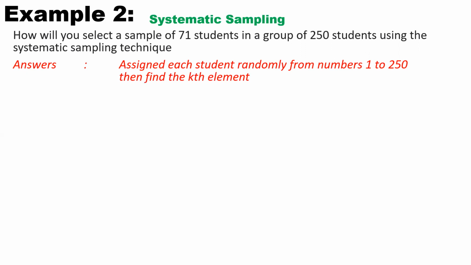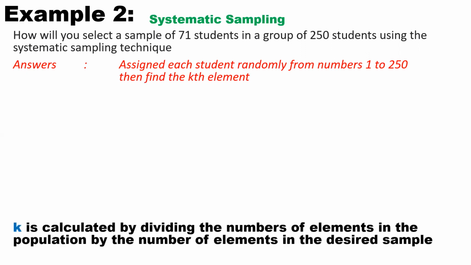So what is the k? k is calculated by dividing the number of elements in the population, capital N, by the number of elements in the necessary sample, small n. So the number of population divided by the number of sample.